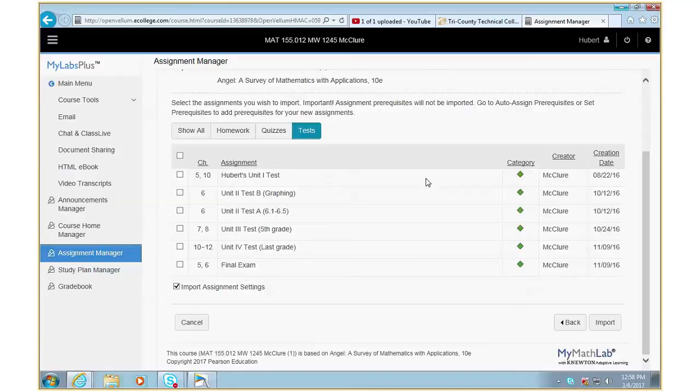Yes. There it is. I'll go ahead and import all of them. Graph B, A, that's the 2 tests right there. And then Unit 3, that's autopilot. Unit 4 we're going to go over next.